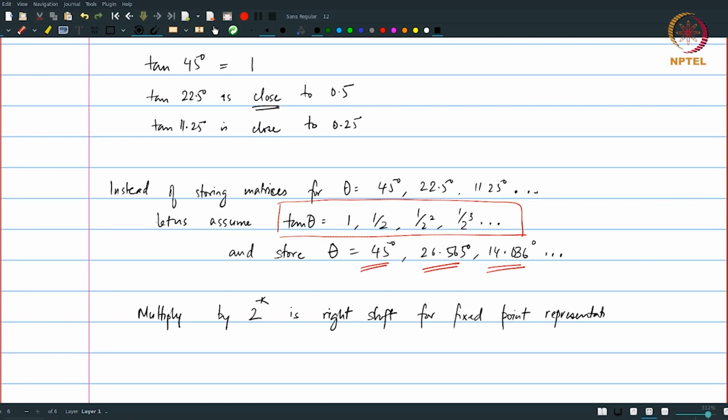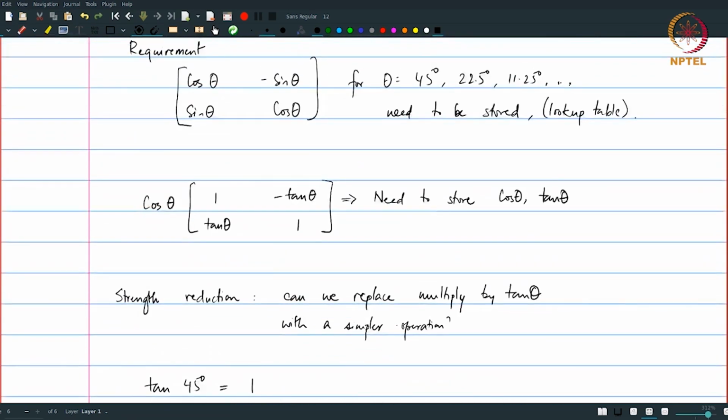There is no hardware multiplier at all required over here. All that you need is to right shift the value by k bits. In other words, this matrix multiplication has now suddenly become very easy to implement, except of course for this value of cos theta. What do we do about that? We'll get to that in a moment.